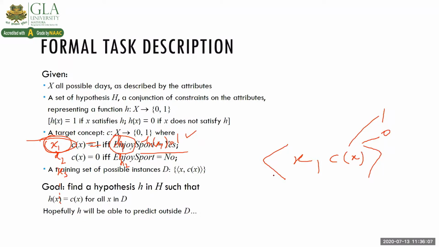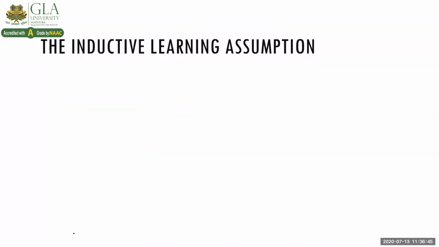So the goal is finding the hypothesis h in H such that h(x), the hypothesis on instance x, is equal to the concept c(x) for all x in D. Okay, so h is a hypothesis, capital H is the hypothesis space. h(x) is a function applied on the instance x, and c(x) is the concept function applied on x. So if they are equal, that means we are getting the same thing after applying the hypothesis, then it is the goal of finding the concept.